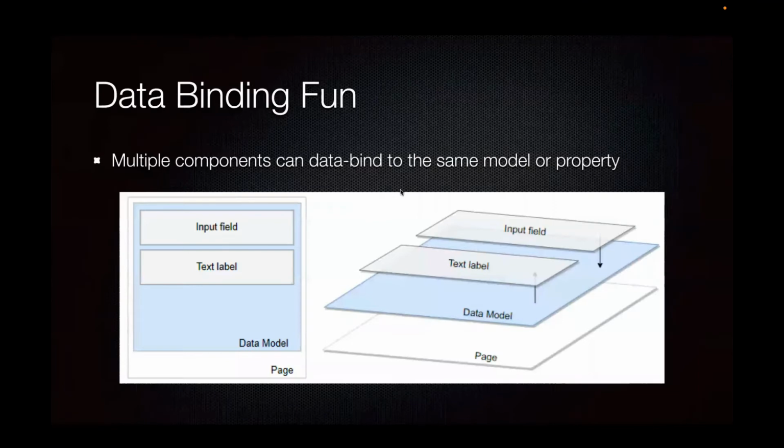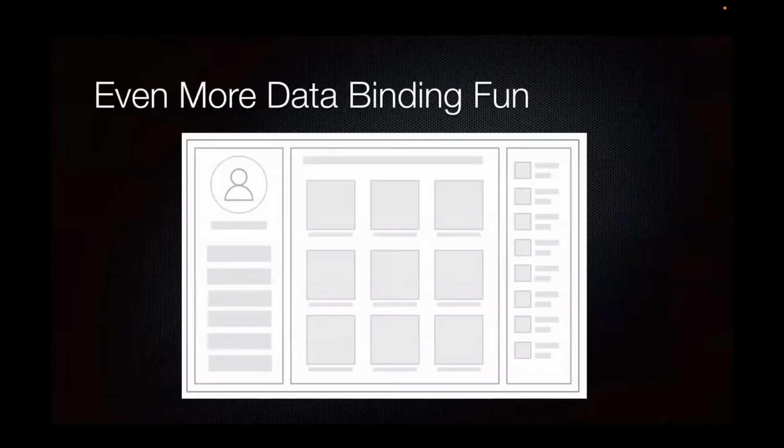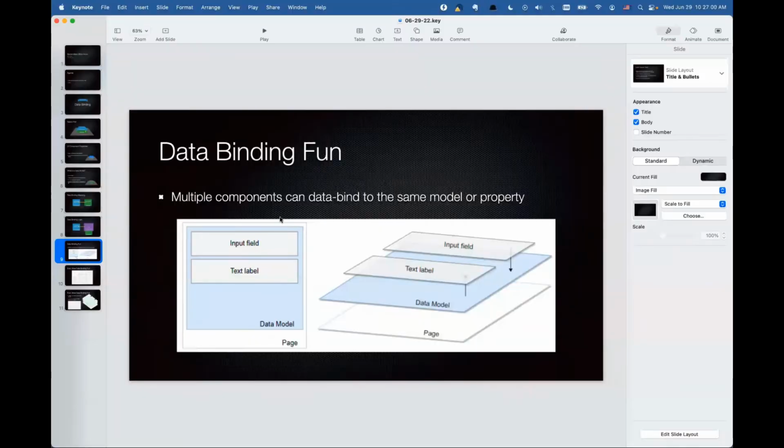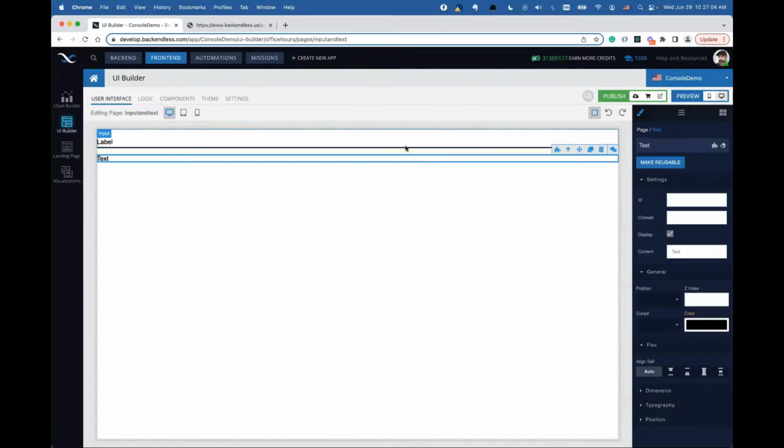So I demonstrated this. All right, actually, before I go further, this really demonstrates that data binding can flow both ways, from component to data model and from data model to component, okay?